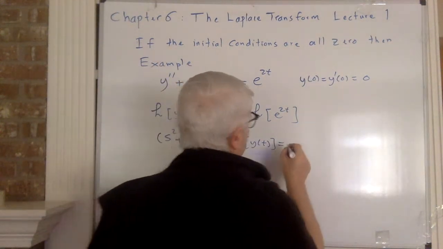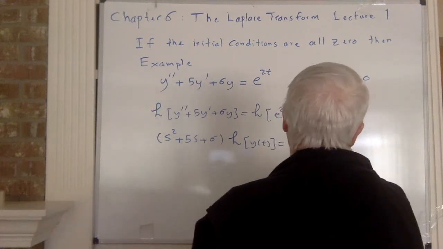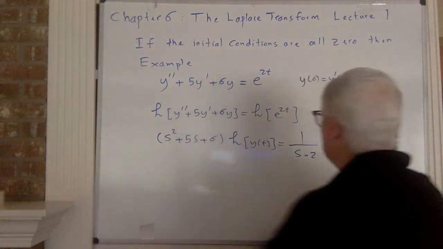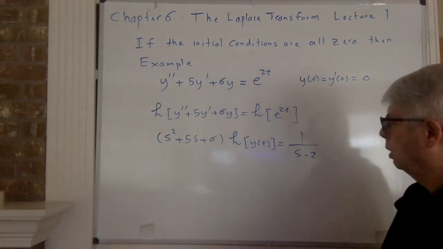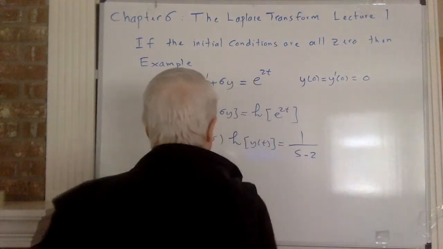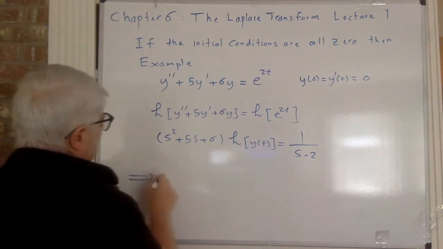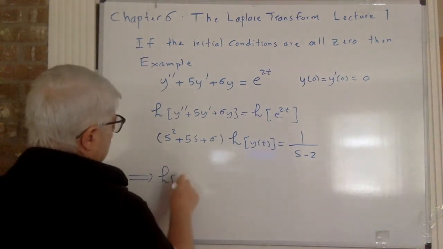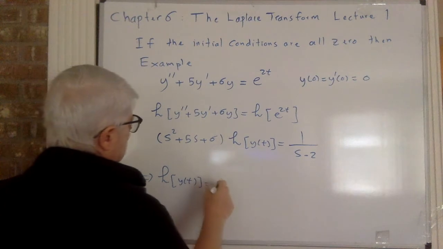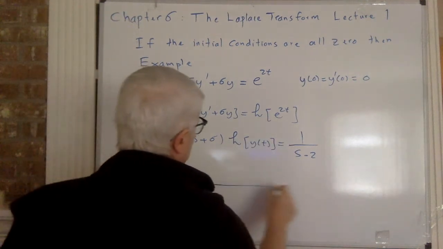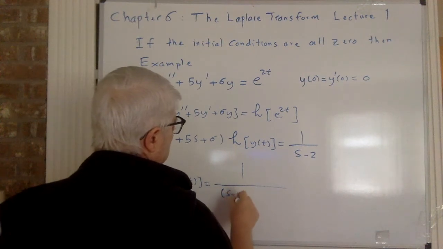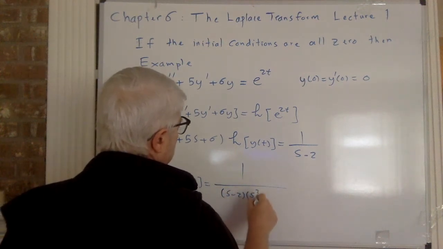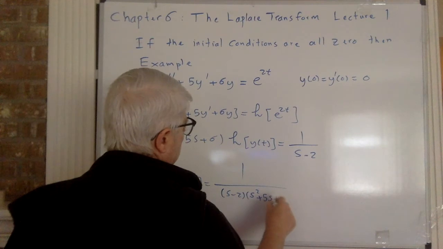On this side we found 1 over s minus 2. So L of y(t) is this divided by this, s minus 2 times (s squared plus 5s plus 6).